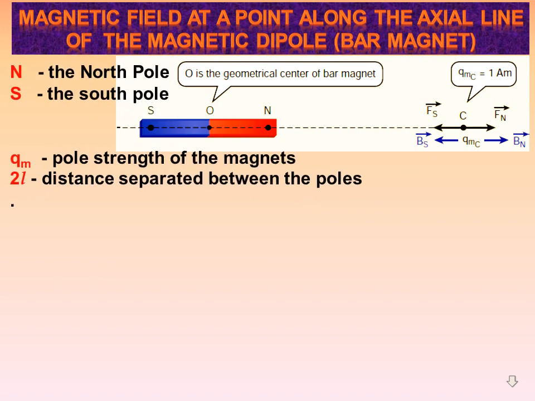N is the north pole and S is the south pole. Qm is the pole strength of the magnet. Then 2l is the distance separating these two poles.